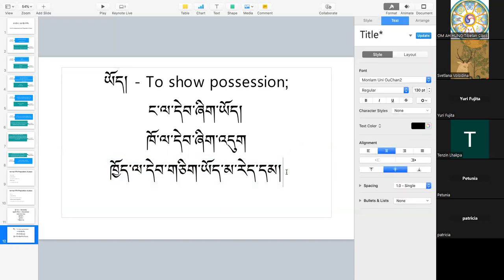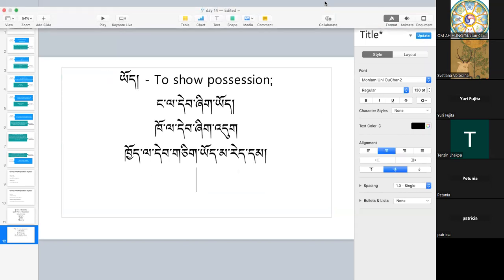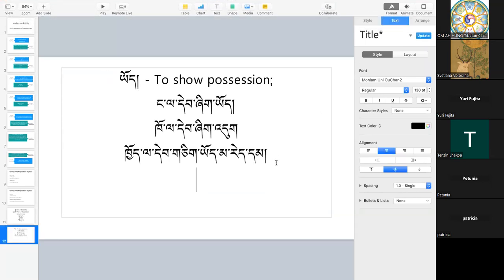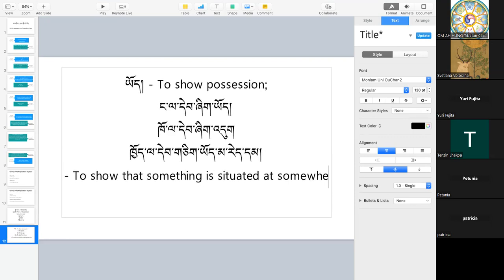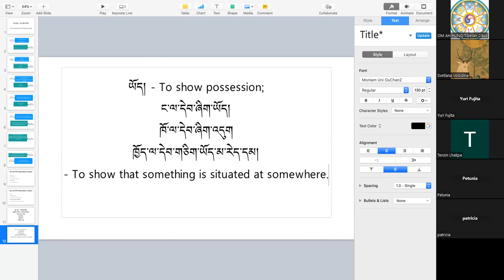The other usage of yö is to show that something is situated somewhere.